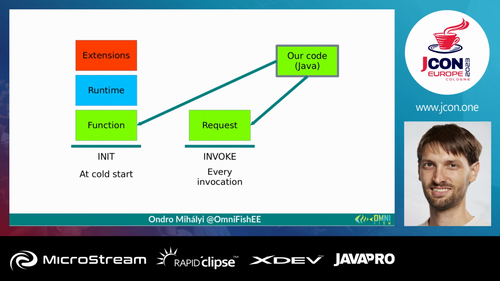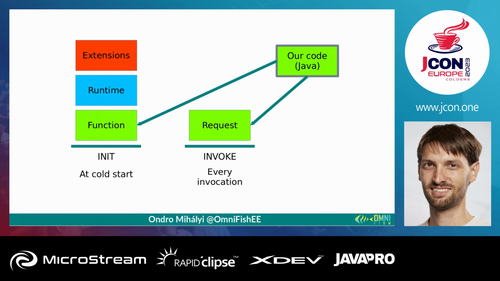But we can also modify what happens in the init phase, at least to some extent. You can see this red and blue part of the initialization phase is out of our control. This is handled by the cloud provider. The cloud provider sets up the runtime, injects some extension points to connect other services, like for logging, to capture the standard output into a logging service and things like that.